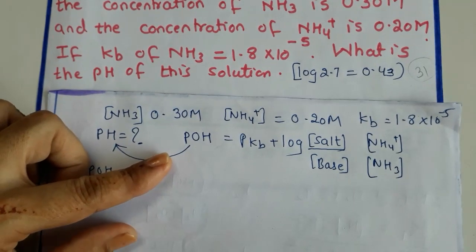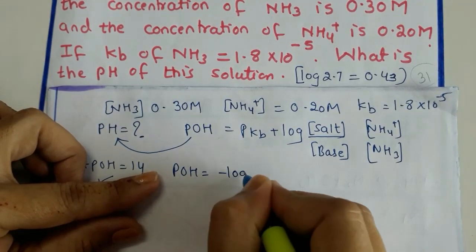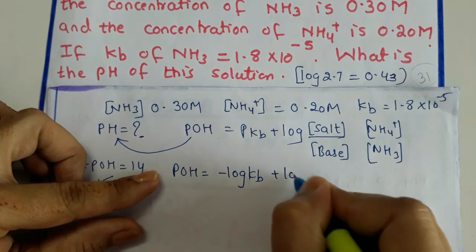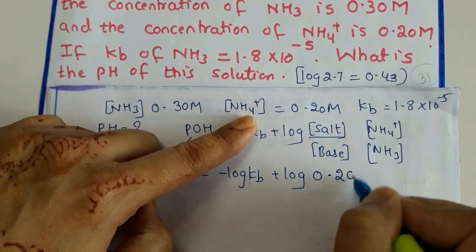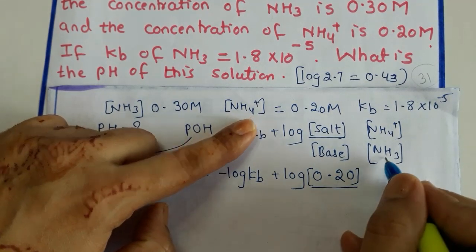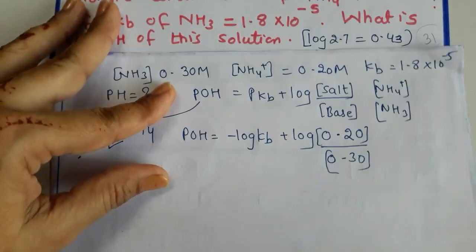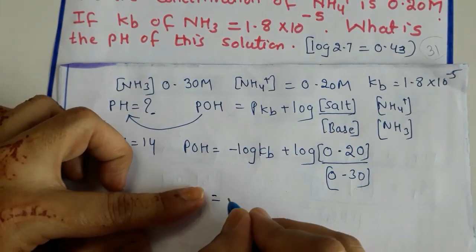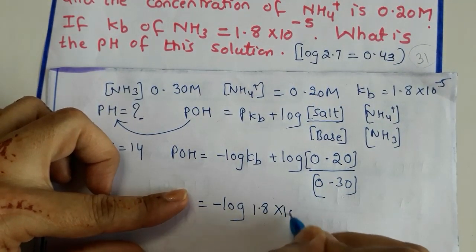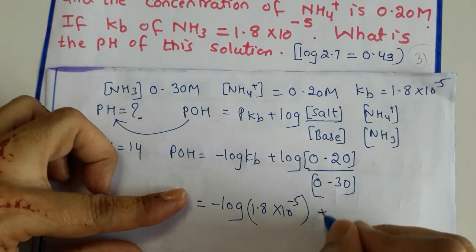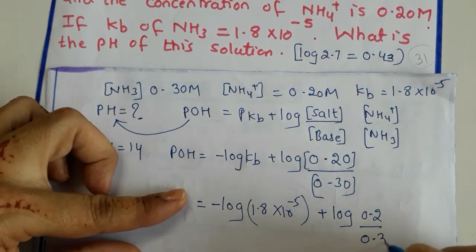So we'll just substitute the values now. pOH is equal to minus logarithm Kb plus log of salt, that is NH4 plus, which is 0.20, upon NH3, that is 0.30. Now we will substitute the values, that is minus logarithm Kb value is given 1.8 into 10 raised to minus 5 plus log 0.2 upon 0.3.